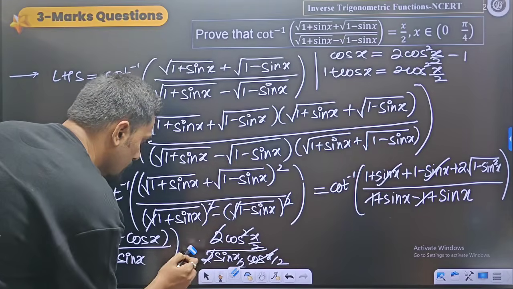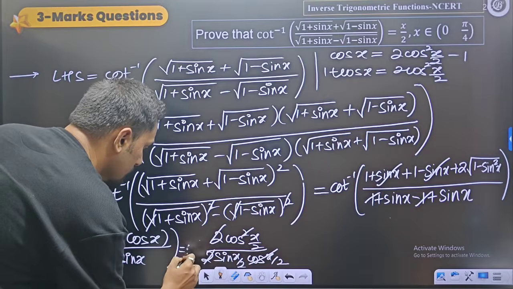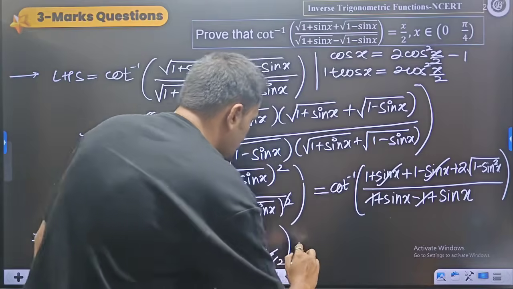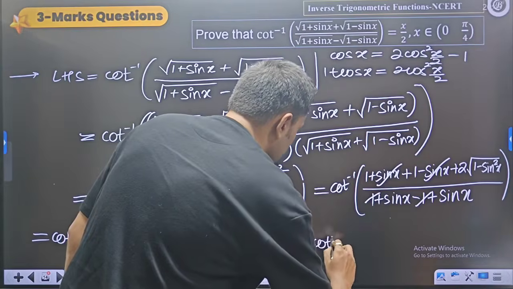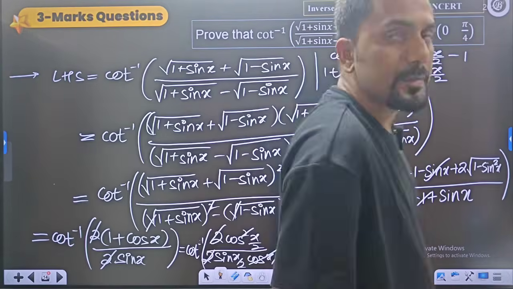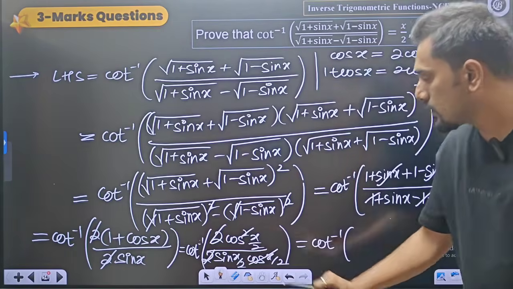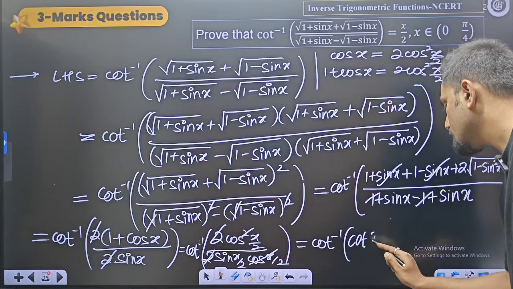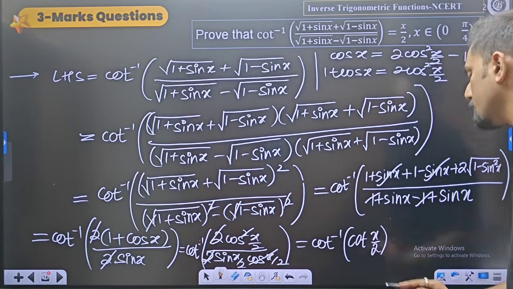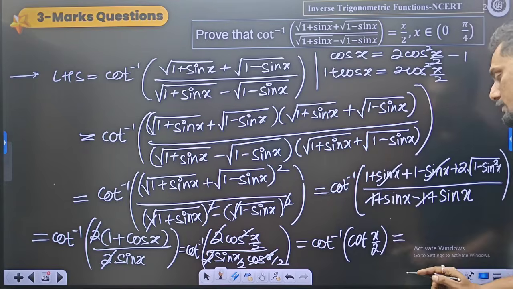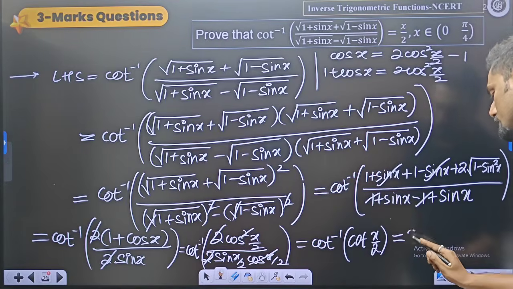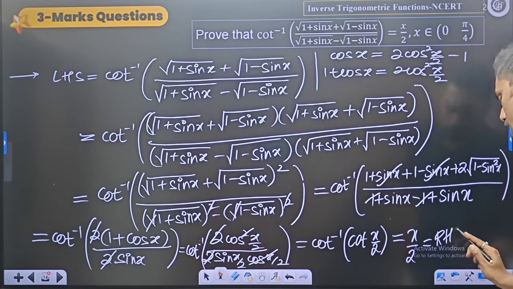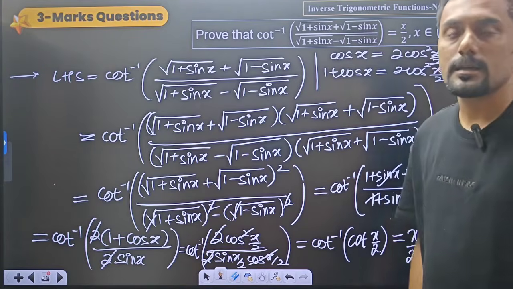Sorry, I have forgotten to write the cot inverse of this. Okay, so cot inverse of cos x by 2 divided by sin x by 2 will be cot x by 2. So by property we can write it as cot inverse of cot x by 2 is equals to x by 2, which is nothing but RHS. Hence we have proved LHS equals to RHS.